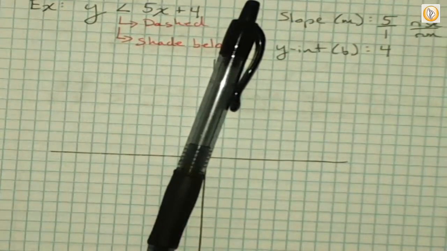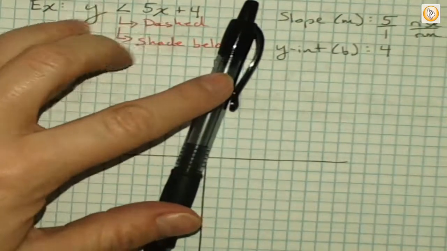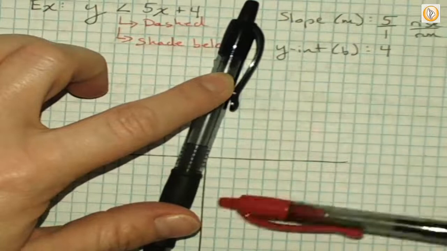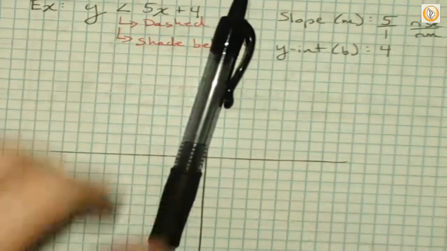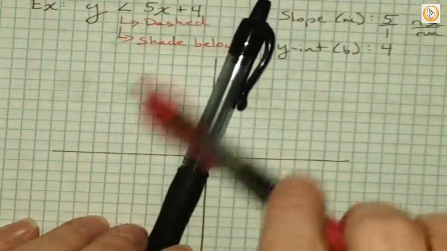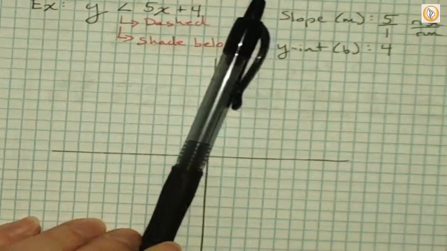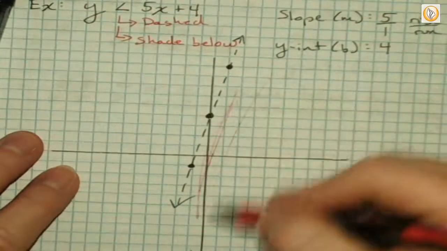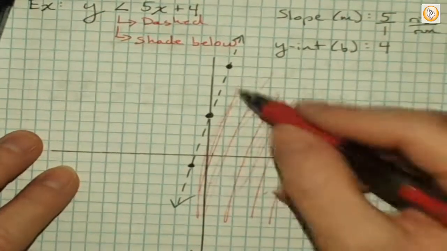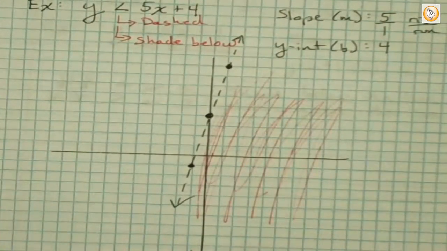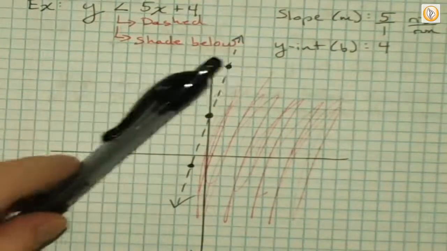You got to think, which side of that pen is below? Taylor? The right side. This is below the line because it's tilted that way. This would be above the line. Does everyone see that? It's hard for some kids, so therefore I'm going to shade it on this side.